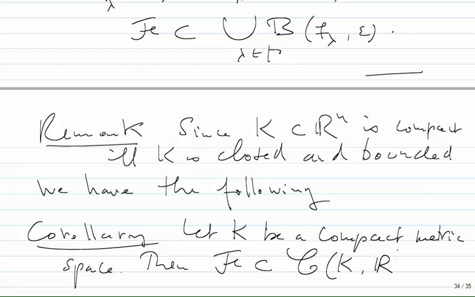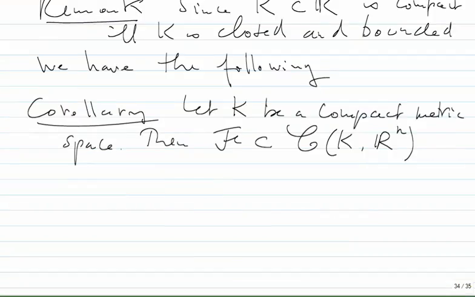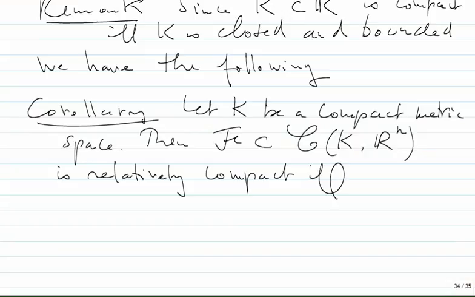So here Y is R^n. Then F is relatively compact if and only if F is equicontinuous, which is exactly what we had in the theorem of Ascoli.